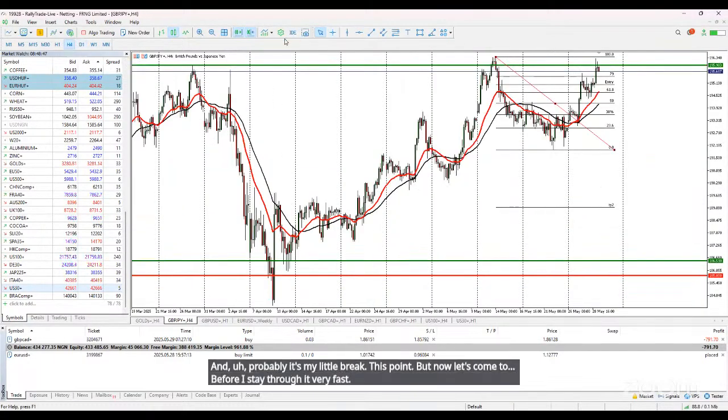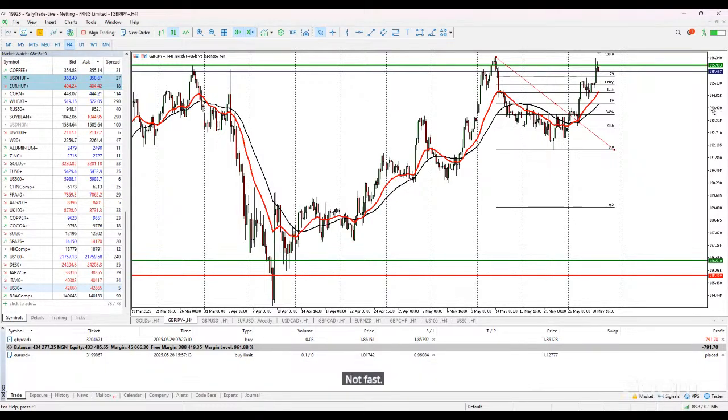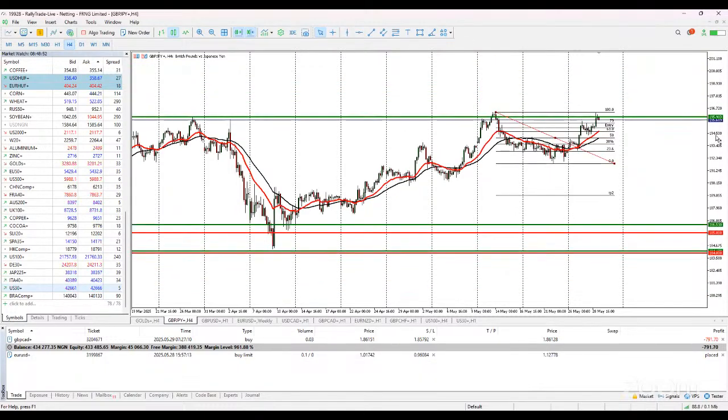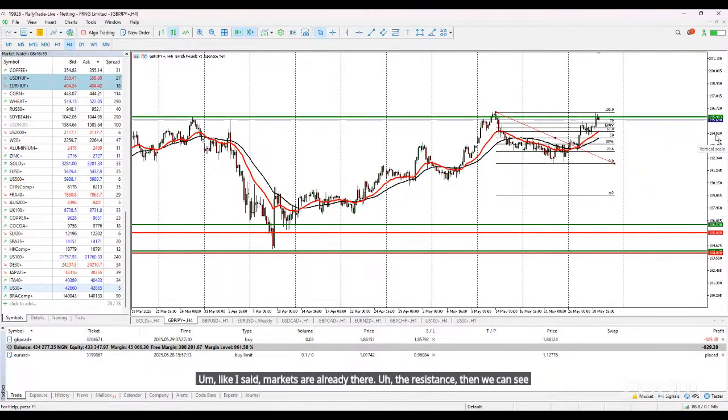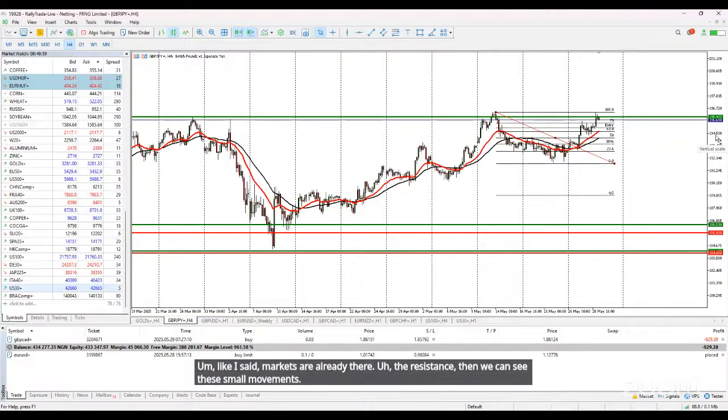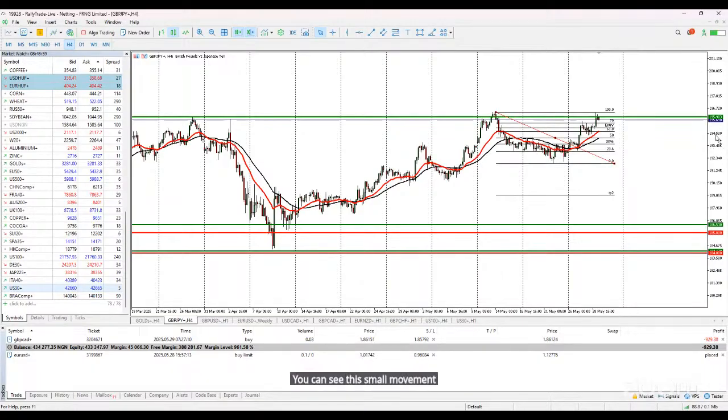Now, on our 4 hour time frame, like I said, the market is already there at the resistance. Then we can see this small movement on the 4 hours time frame.